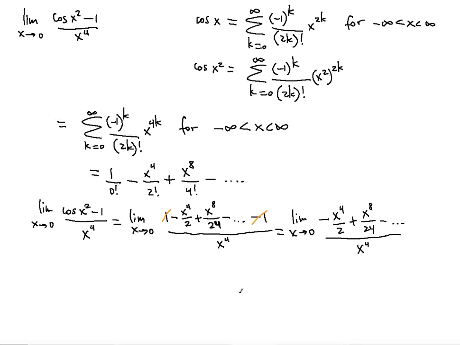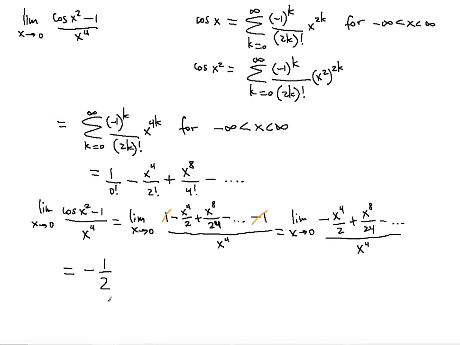So look what will happen. Negative x to the 4th over 2 divided by x to the 4th is negative 1/2.